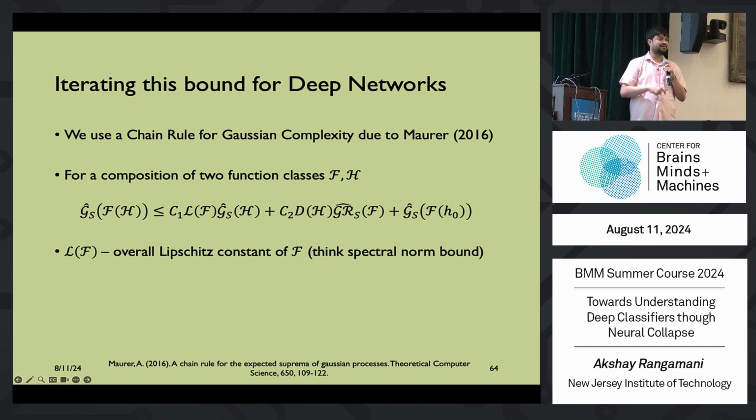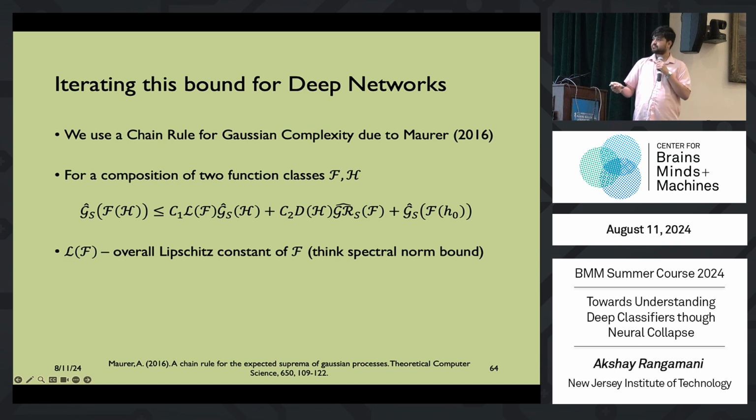This is a little confusing because I'm switching to Gaussian complexity now, but they're the same thing, Rademacher versus Gaussian. So effectively, you're decoupling these two layers, and this allows us to go one by one down the deep network.